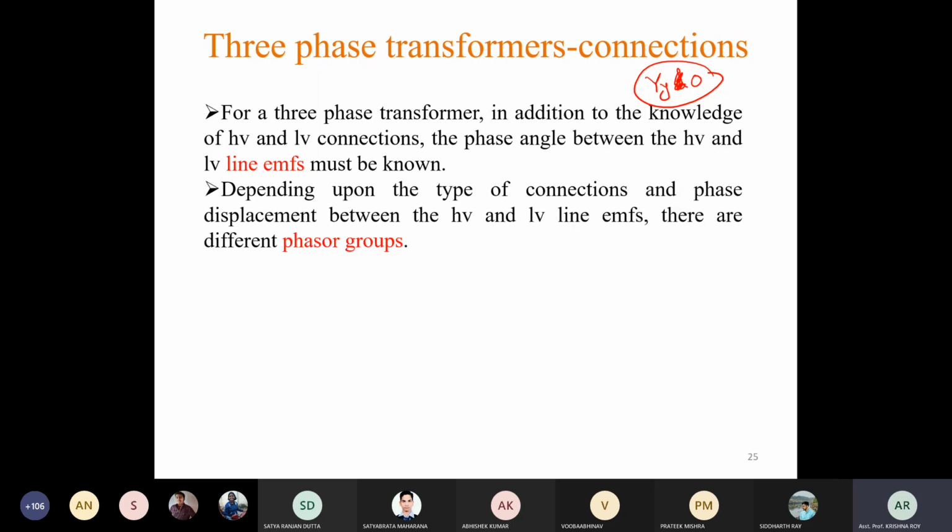Depending upon the type of connections and phase displacement between the high voltage and low voltage line EMFs, there are different phasor groups. Each group is characterized by a different phase displacement.